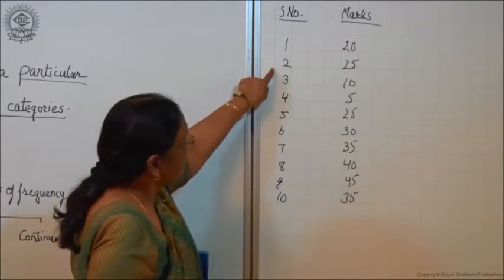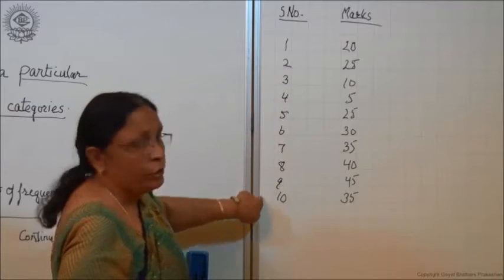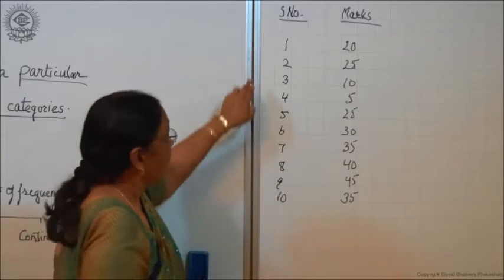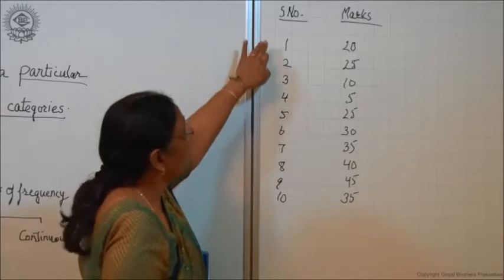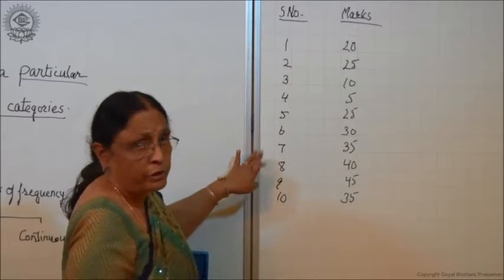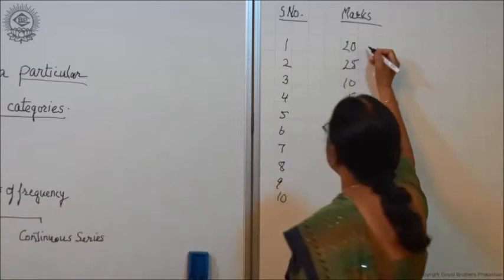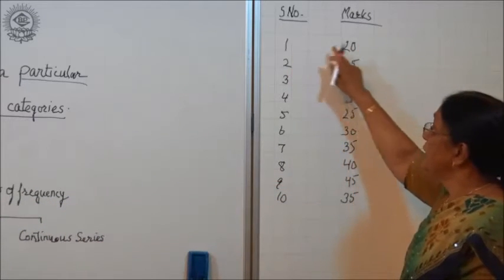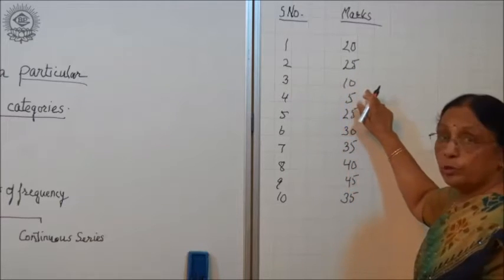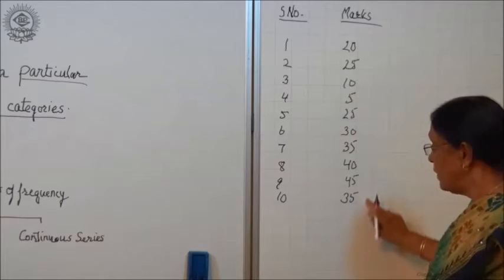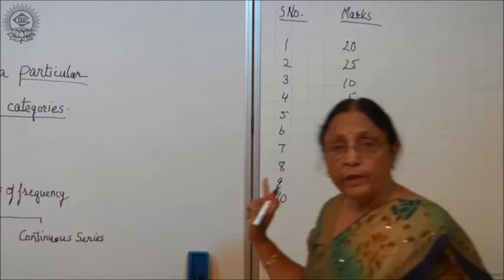Then each and every child is taken into consideration. It may be in the form of 1, 2, 3, 4, 5, 6 like this, or you can note down the names of the children, and these are the marks. One child has scored 20, another has scored 25, the third one has scored 10. Like this, marks of all 10 students are given here.